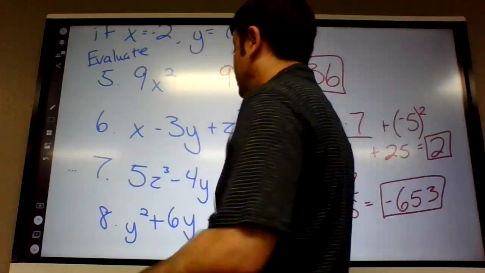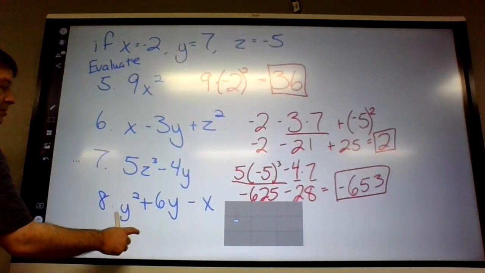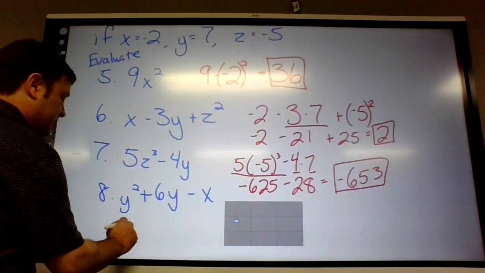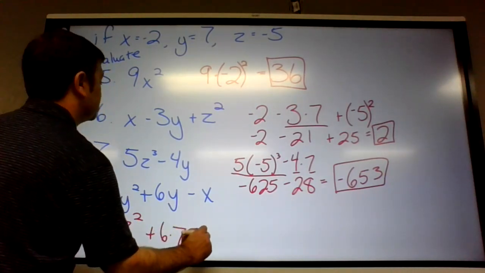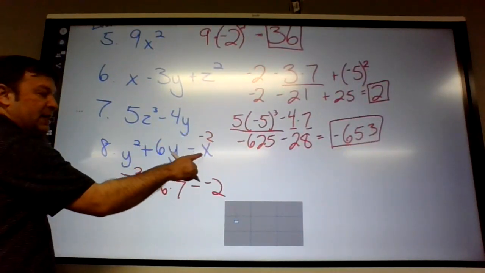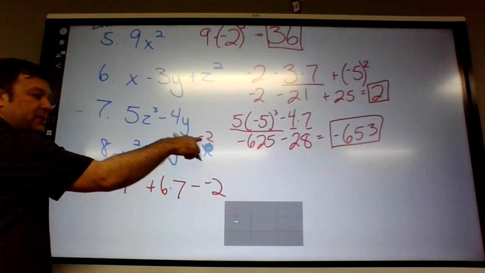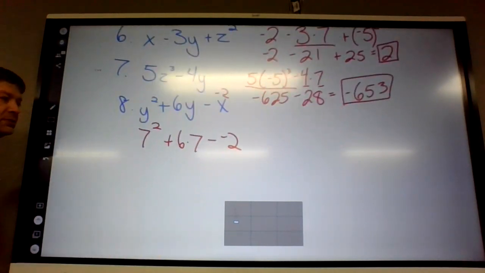Okay, one more. Kind of having trouble putting it in. Y squared. So 7 squared plus 6 times 7 minus. Okay, this one might catch some people because x is negative 2. We have to subtract negative 2. So you could do that, or you could just change it to a plus.